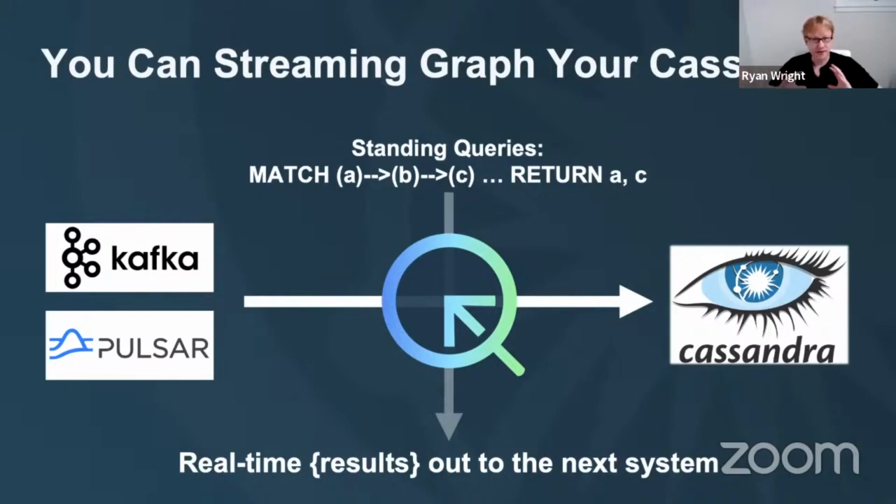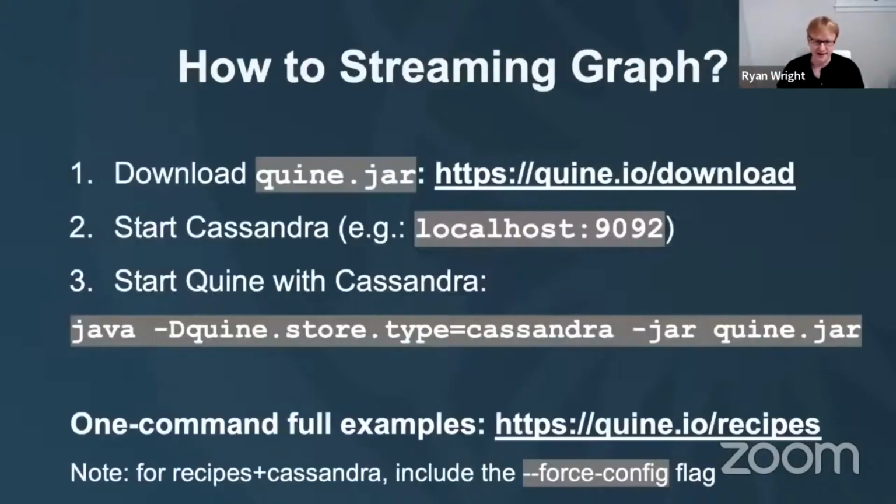Those patterns get monitored very efficiently when they get completed because of new data coming in, combined with old data pulled out of Cassandra at just the right moment. You get real-time results that can trigger updates to the graph or can stream data out to the next system. And so plug it into Kafka or Pulsar and deliver that data to wherever it needs to go, plug it into Slack, notify some humans, notify some users about what's going on, and let them take action.